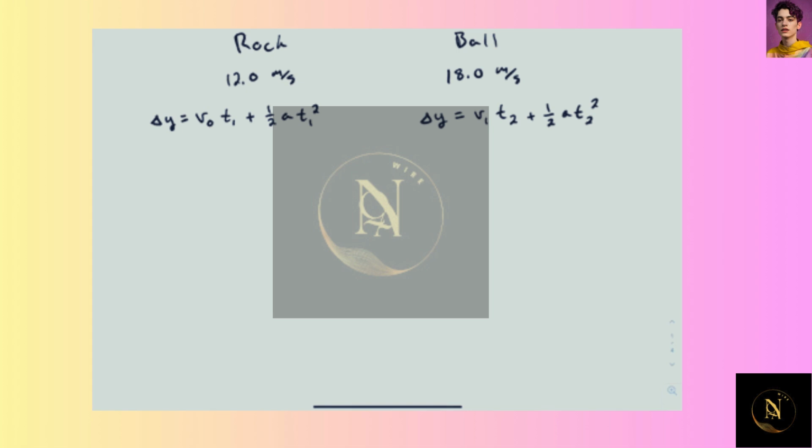And now I know that their delta y's is y final minus y initial, but y initial is 0, so this just turns into y. V0 is this, v1 is here, so I can say 12 t1, and now a is minus g, so that's 1/2 times minus 9.8 times t1 squared.